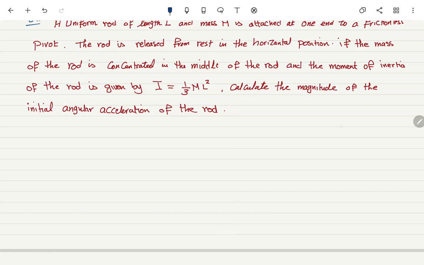So here's the situation. Here's the pivot, here's the weight of that rod, and all this is the length L.